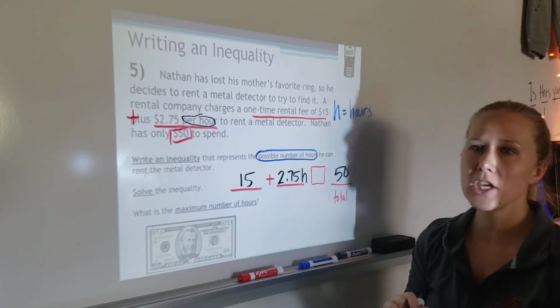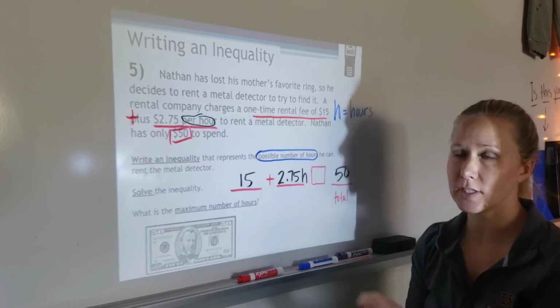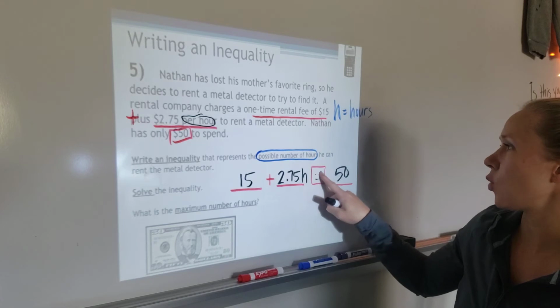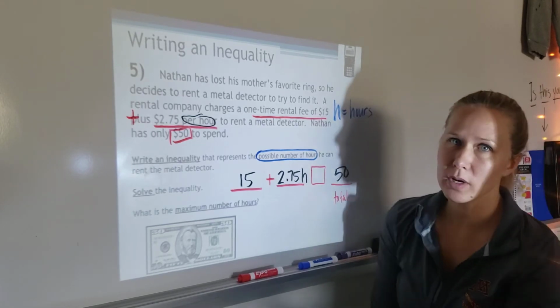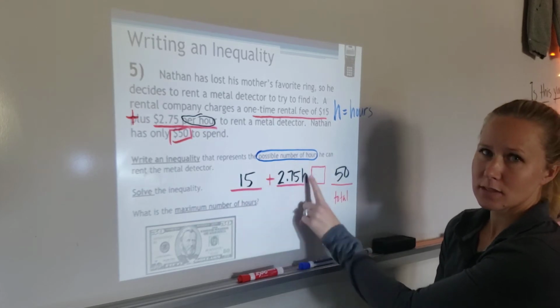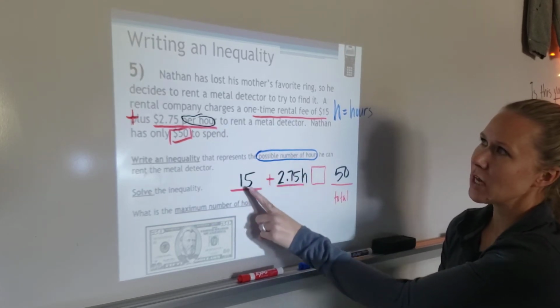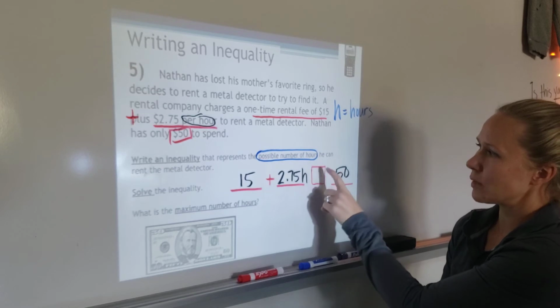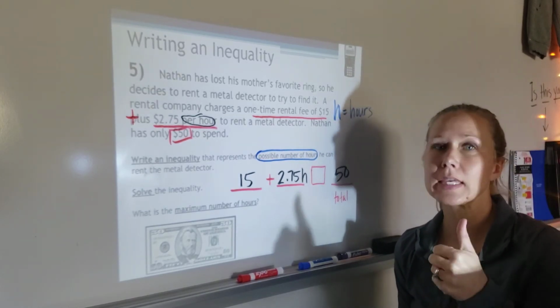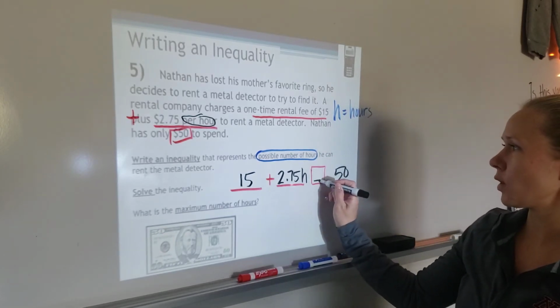Now, if this was an equation and I wanted to spend exactly $50, I would put an equal sign. But this isn't an equation, it's an inequality. So if I read this from left to right, this is the amount of money that I spend, right? So the amount of money that I spend on the metal detector would have to be what compared to $50? Could it be equal to $50? Yes. So I know I'm going to have the "or equal to."